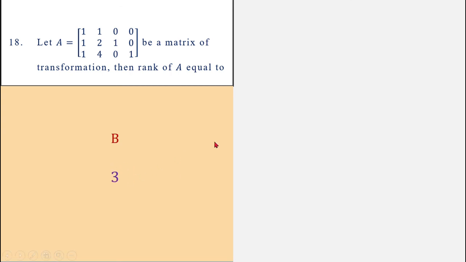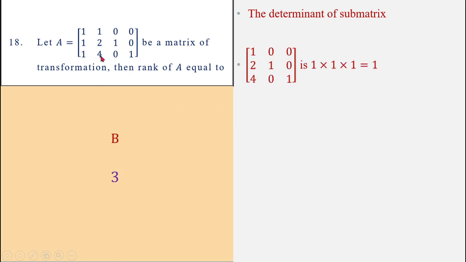How can we get the conclusion 3? As I have already told you, you can reduce it to the row echelon form and check it. Otherwise, we have another option. It has a submatrix 1 2 4, 0 1 0, 0 0 1 of order 3 by 3. Its determinant is 1, not equal to 0. Why is its determinant 1? Because it is a lower triangular matrix.